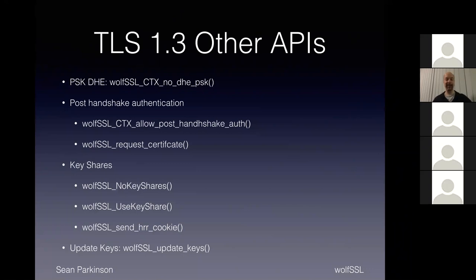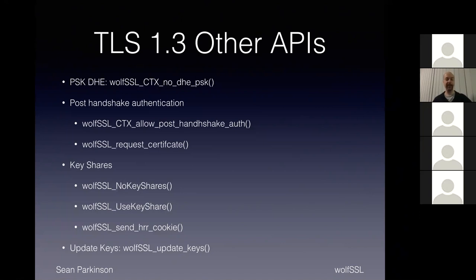But if you don't actually know which algorithms the server supports, then you can send an empty key share extension, and it will require the server to reply with a hello retry request to say, send the client hello again. I can't send my server hello yet. Try again with these parameters, these security parameters that I've specified.